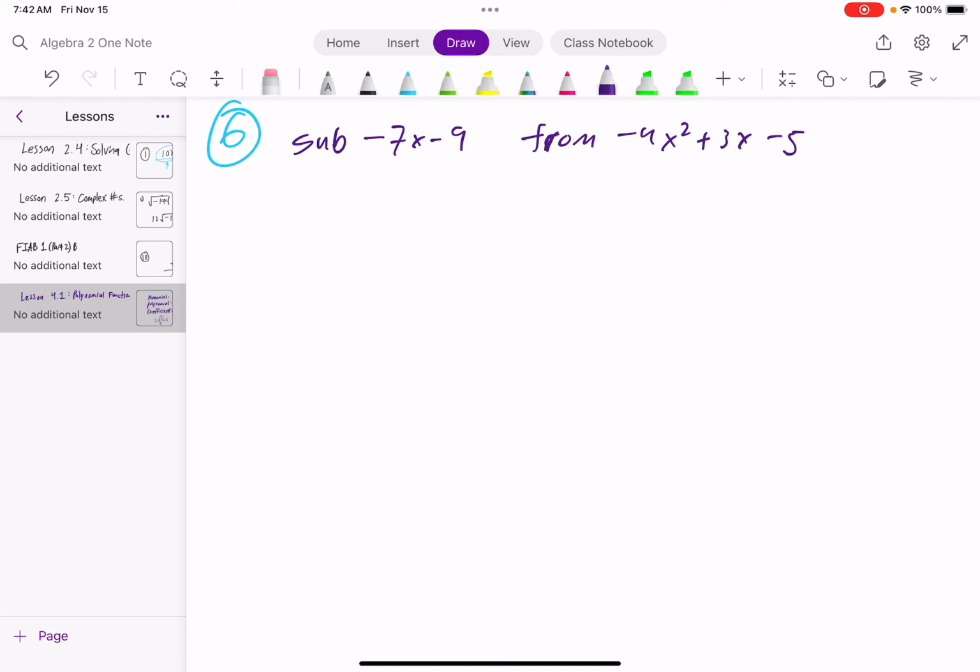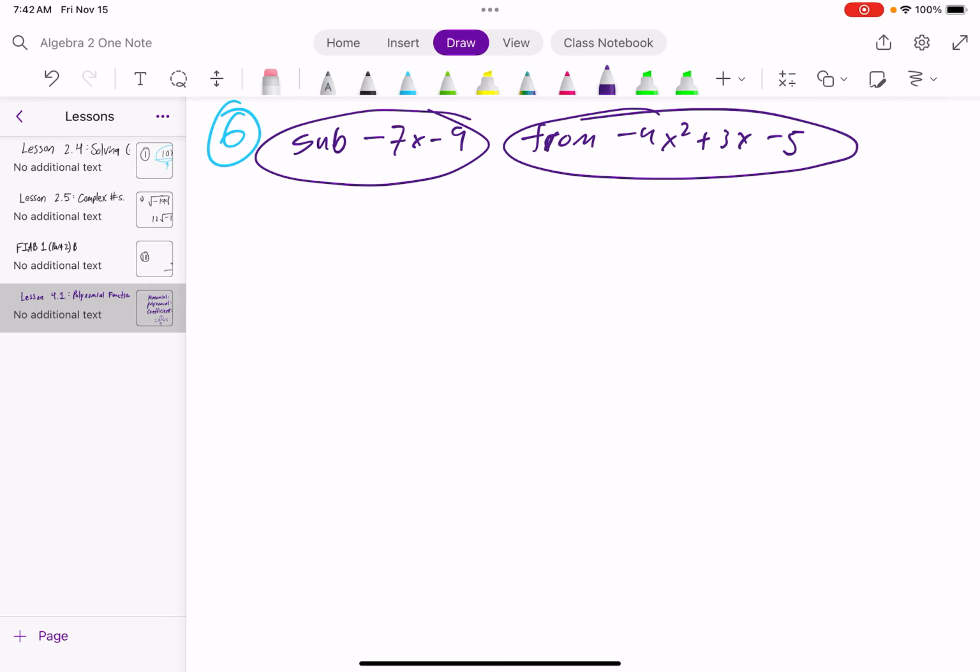This is tricky because it says subtract this from this. So, in other words, just flip it in your mind and say from this, subtract this. You see how I need those parentheses? Very important because it says subtract this.